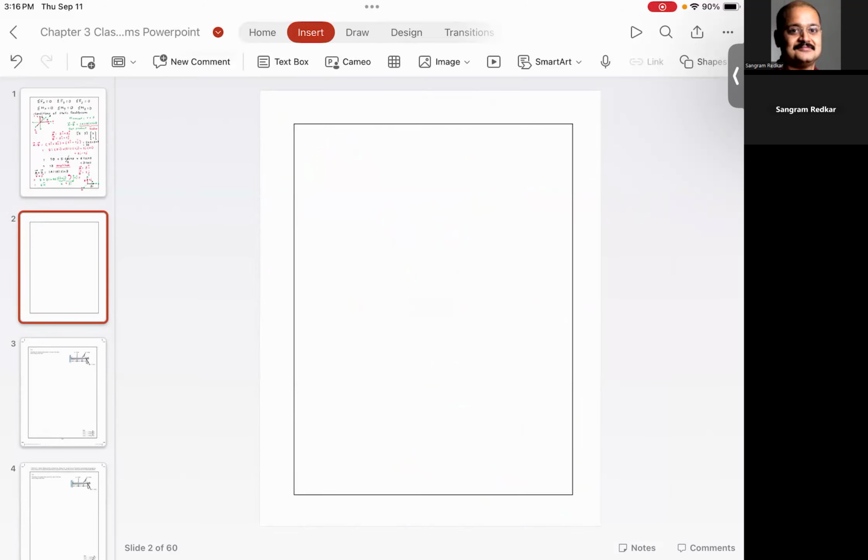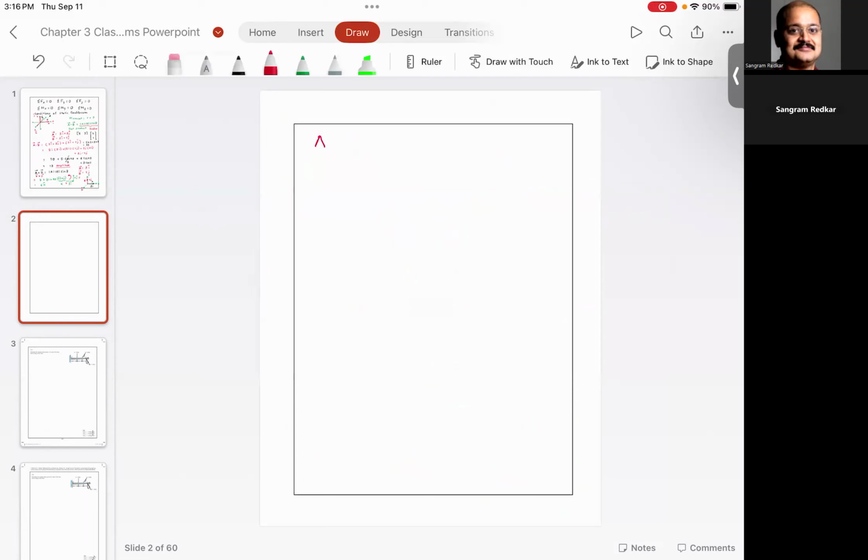So let me tell you once again, cross product is A cross B. It's a vector product, which means it has magnitude and it has direction.